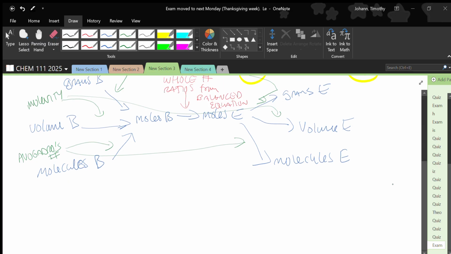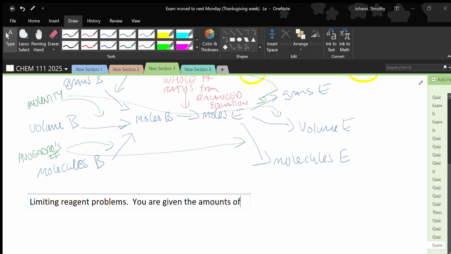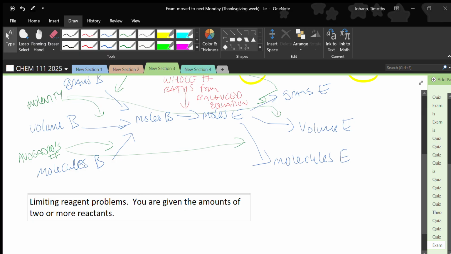When we do our limiting reagent problems, in general you are given the amounts of two or more reactants, and what you need to do is figure out how much product each makes.